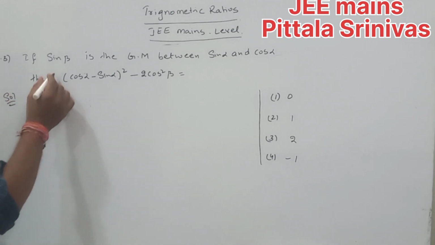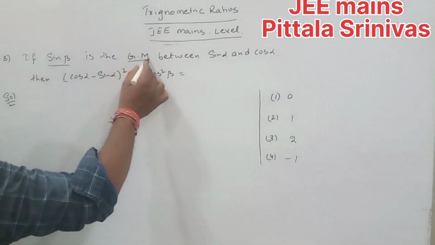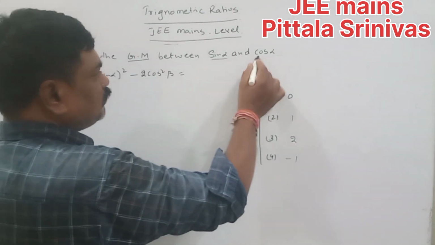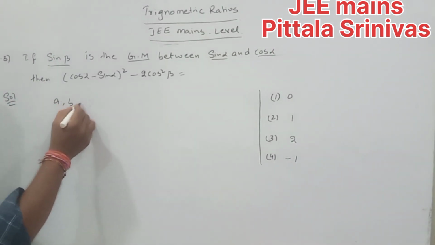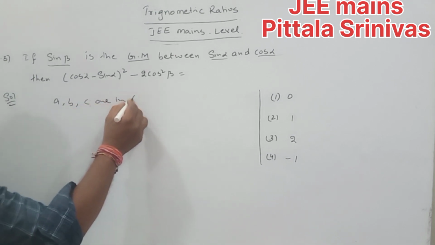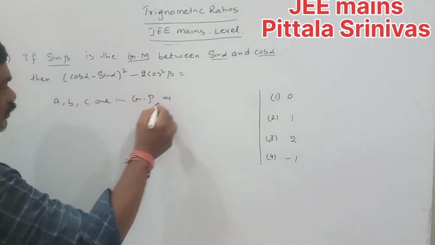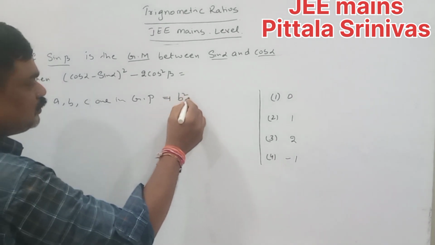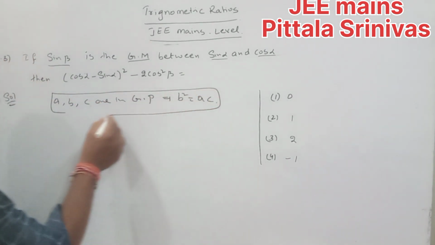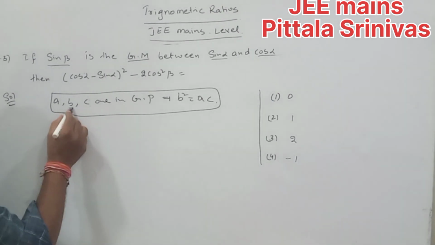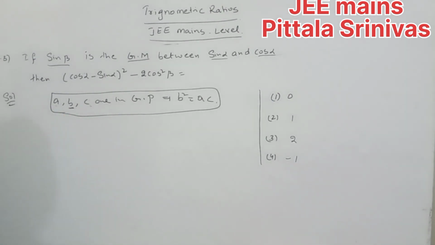So here sin beta is the geometric mean between sin alpha and cos alpha. Suppose a, b, c are in geometric progression, then b square is equal to what? This is the formula for geometric mean. Here b is the geometric mean of a and c.